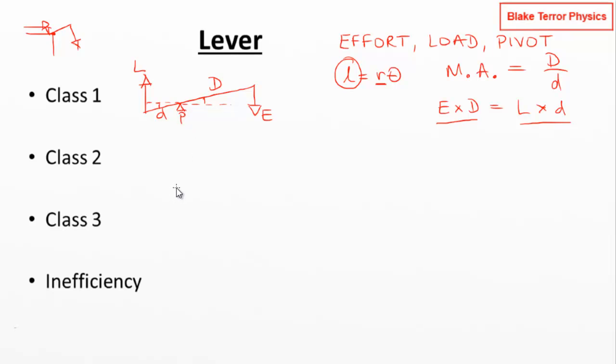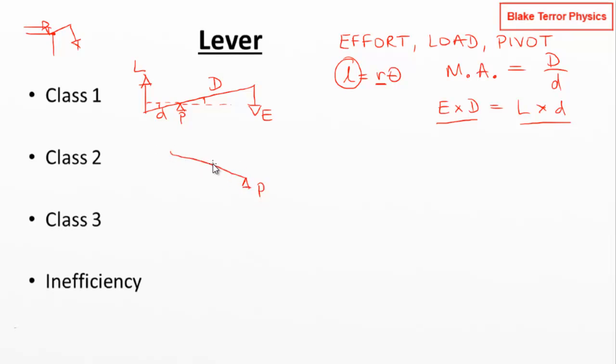Class 2 levers, we're putting the load in the middle for class 2. So this is your wheelbarrow approach. So we've got the pivot at one end, so that could be the wheel of the wheelbarrow.